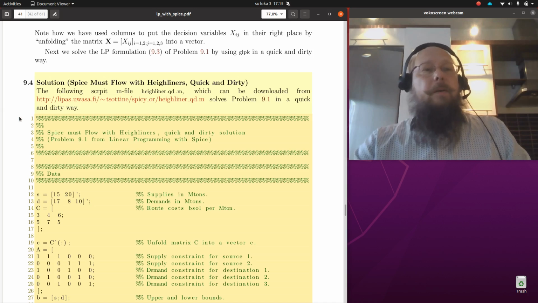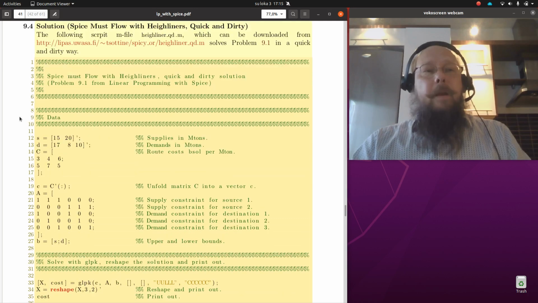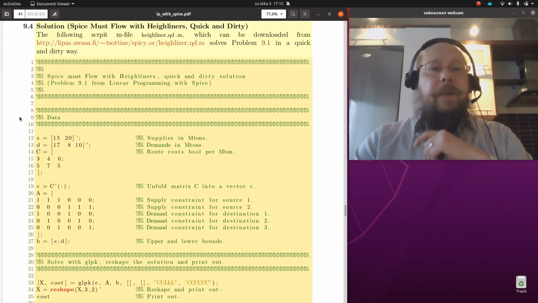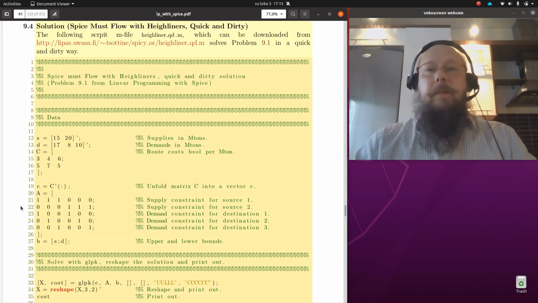Alright, so here is the contents of this highliner underscore qd.m file, and let's see what's going on here. First, this is just a title block telling what's going on. Then we have a data block, which is of course more or less the beef.